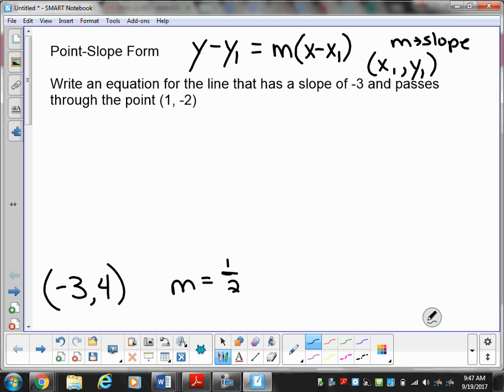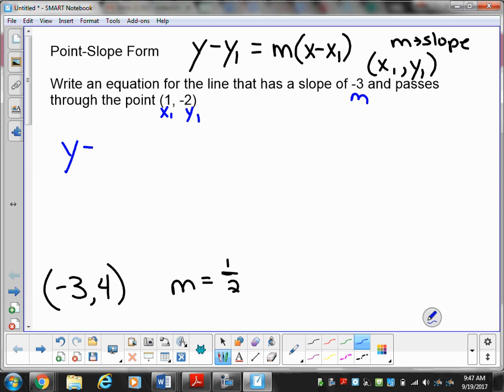All right. So if I want to write an equation for the line that has a slope of -3 and passes through the point 1, -2, how's that going to look? Well, my point is x1, y1. My slope, my m is -3. So I'm just going to plug in what I know now.